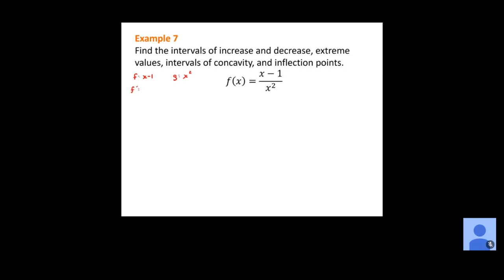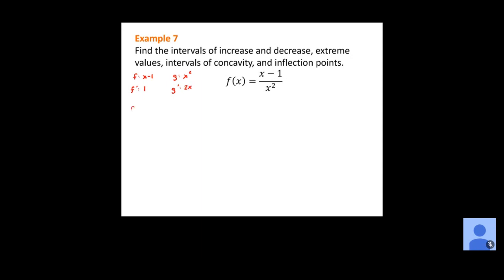So then if we find our derivatives here, what's the derivative of f going to give us? So just the derivative of x minus 1. 1, good. And then our derivative for g is going to be what? 2x.